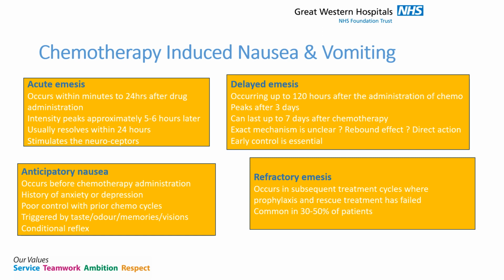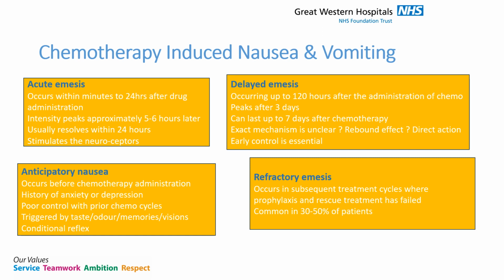So when we're talking about chemotherapy-induced nausea and vomiting, there are different ways that can occur. What you're probably more commonly used to is what we call acute vomiting. This usually occurs within minutes or up to about 24 hours after drug administration.